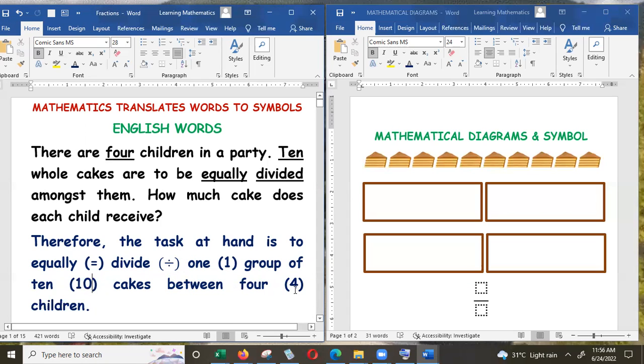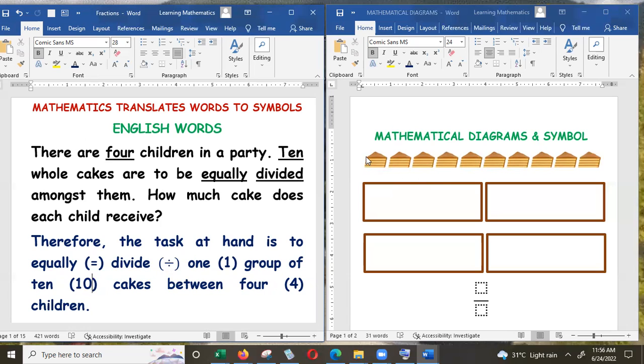So how are we going to do that? Mathematics also uses diagrams apart from symbols to translate words. So the word cake, instead of writing the word cake, a diagram has been drawn. Instead of writing the word cake 10 times, we can draw 10 cakes.